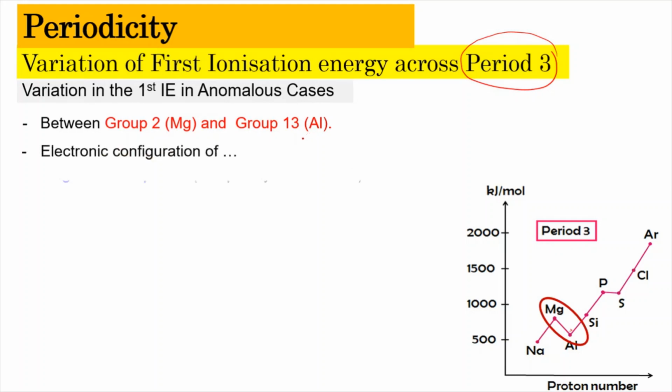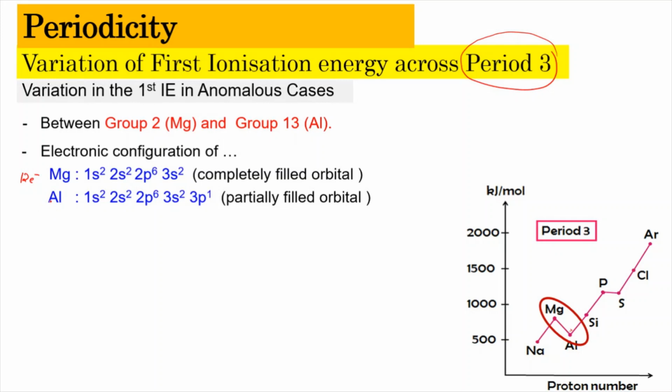Similar thing, we need to look into the electronic configuration. Magnesium is 1s2, 2s2, 2p6 and 3s2, which has 12 electrons altogether. Aluminium has 13 electrons, so the electronic configuration is 1s2, 2s2, 2p6, 3s2, and 3p1.